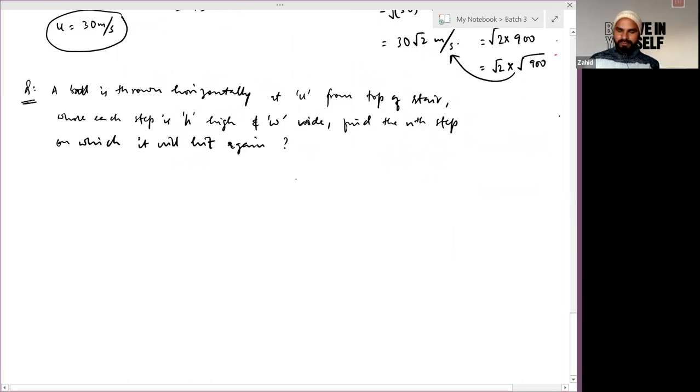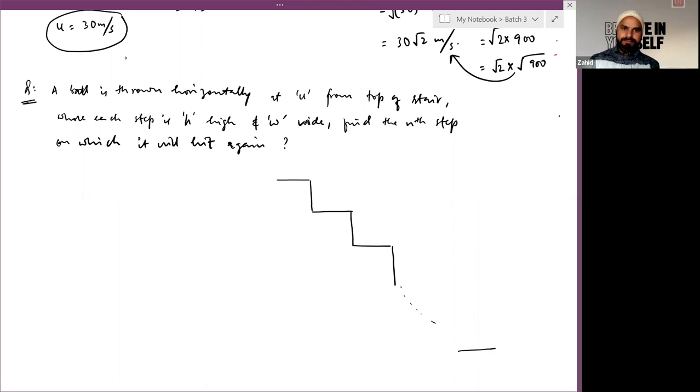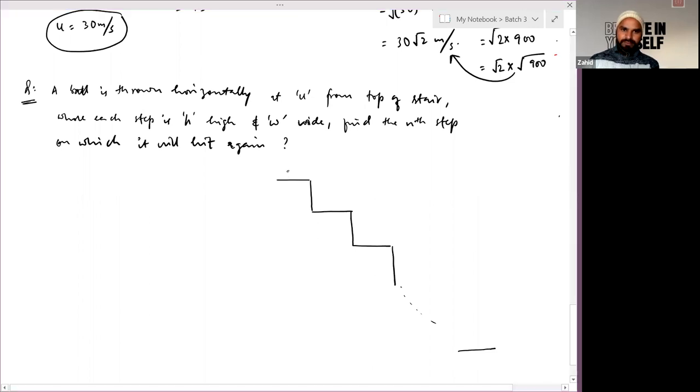In this part, suppose we have a stair like this, and so on till this part. A ball is thrown horizontally from the top of it, let's say from this point, horizontally at some initial velocity u.